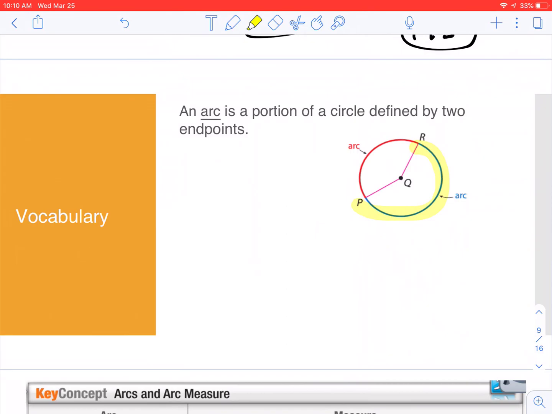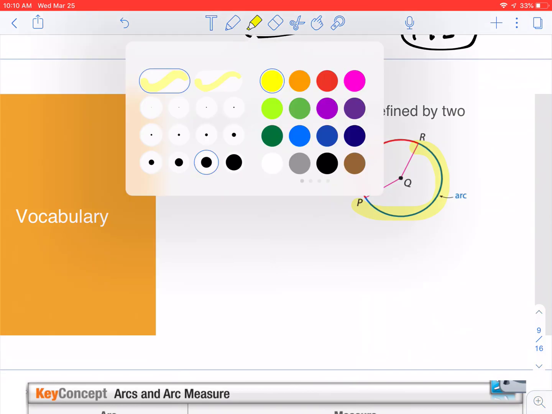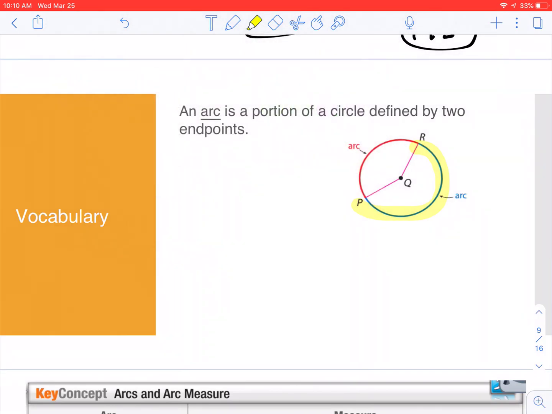So it's a part of the circumference, right? So our circumference goes all the way around. Okay? The arc is just a portion, a fraction, a percentage of the circumference.